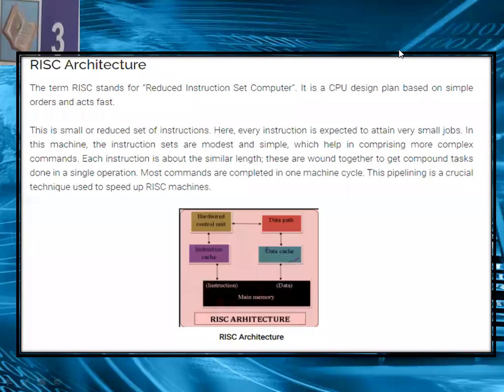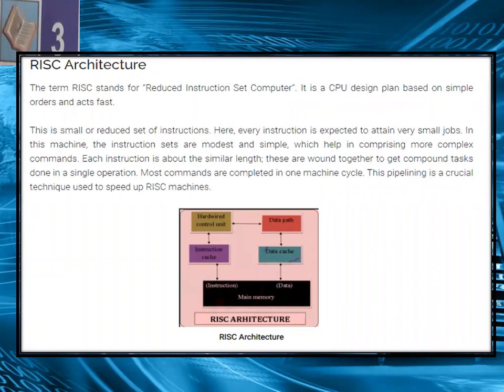So dear students, basically RISC stands for Reduced Instruction Set Computer. It is considered a new architecture of CPU. RISC architecture supports the same size of instruction, and it does not use indirect addressing mode. The instructions of a CPU that uses RISC architecture are very simple and are executed very fast.